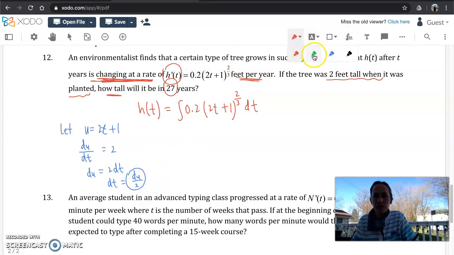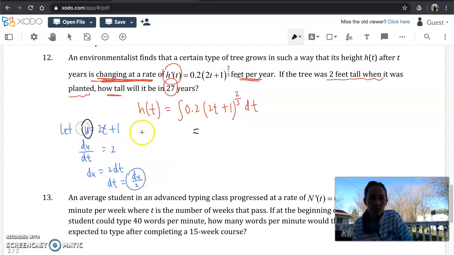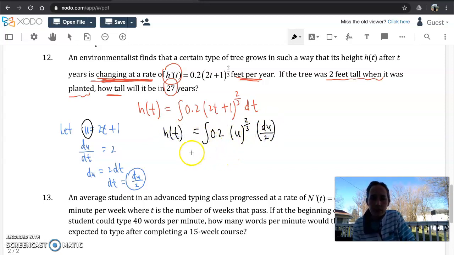Go back to the original, and let's sub in and hope for the best, right? We're going to use both of those things. So integrate 0.2, we'll just say u to the 2/3 power, and then for dt, we'll put du over 2, and this should equal h of t, the height of the tree. Now time to integrate.